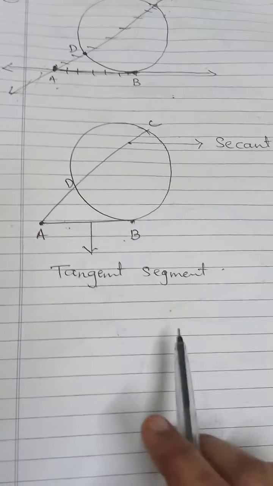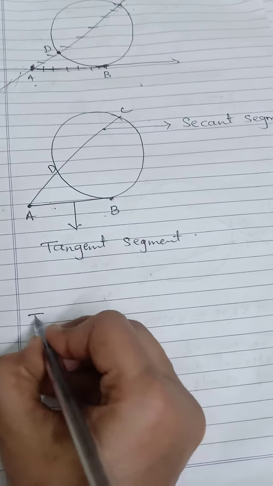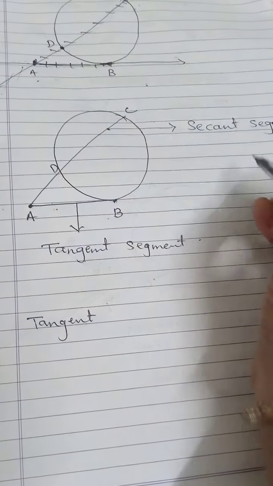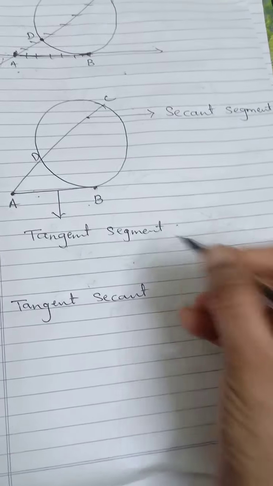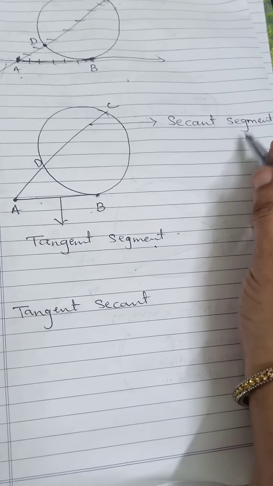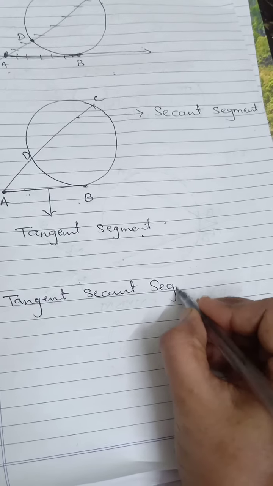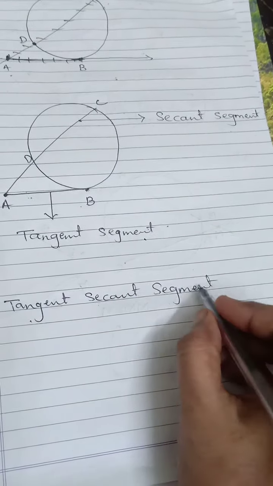And the property we will use is nothing but tangent, secant. Both are having segments together. So with these segments together, we will write segments, because tangent is also having a segment and secant is also having a segment.